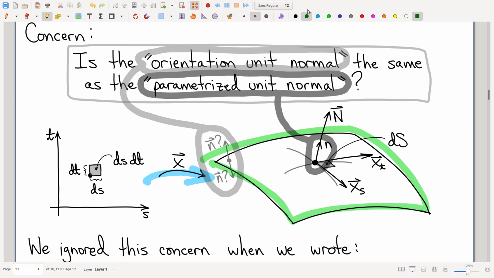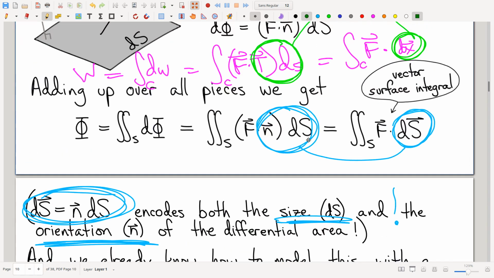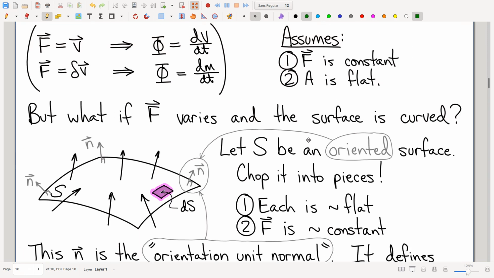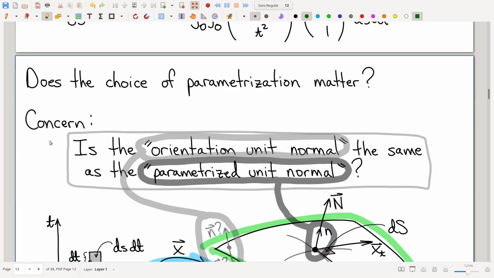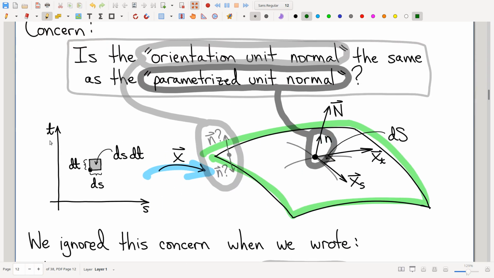And you can see it in our development that we wrote originally. Our domain is an oriented surface. We have to know which direction through the surface we're talking about. So when I say that our domain here is a surface, not really. Our domain is an oriented surface, and it's going to be oriented one way or the other.